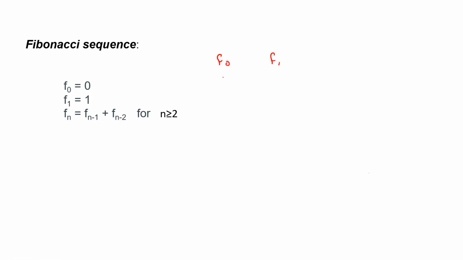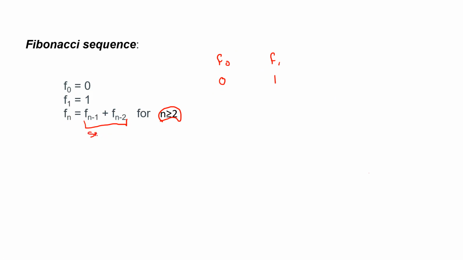So F naught is 0 and F1 is 1. Anything past that, for n greater than or equal to 2, we define the next term to be the sum of the two previous terms. If we're trying to find F sub n, then F sub n minus 1 and F sub n minus 2 are the two previous terms.